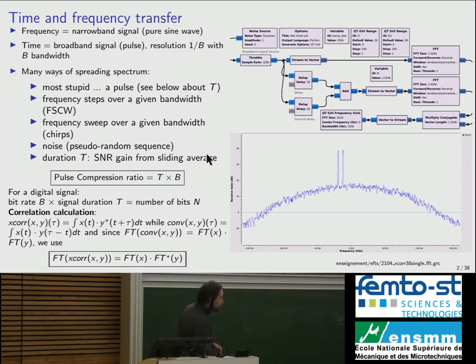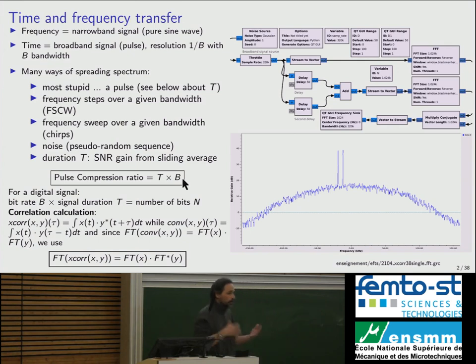And so this brings you to this quality factor, which is the pulse compression ratio. PCR is this quality of service information that tells you that the pulse compression ratio is the duration of your message times the bandwidth.